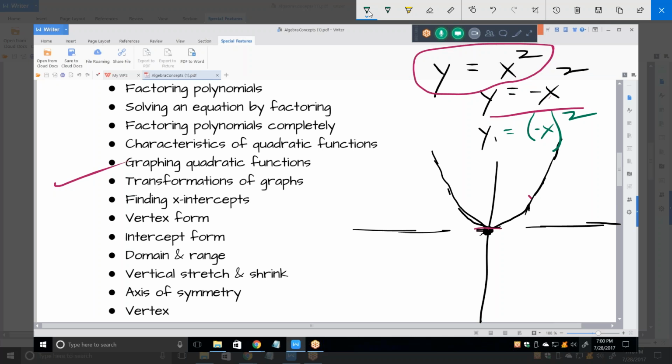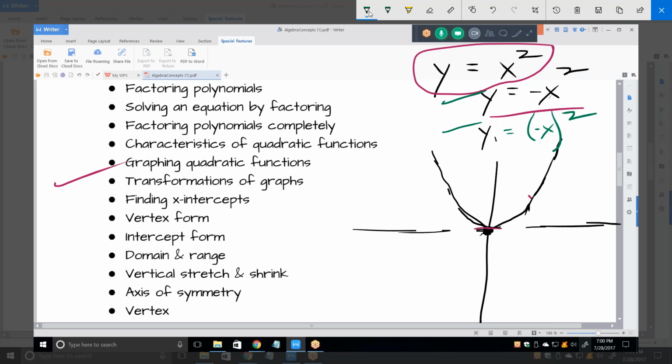In other words, in this function there, if x equals 2, y equals -4. And this function here, if x equals 2, what's y equal? It would equal +4.